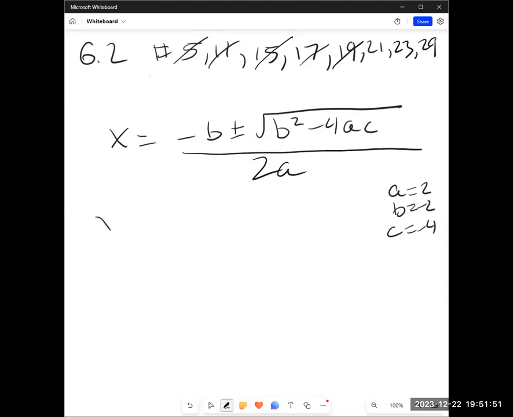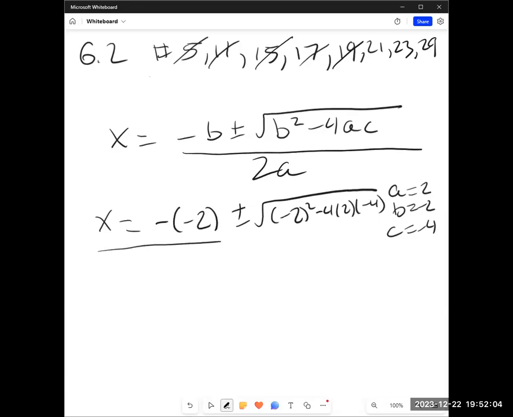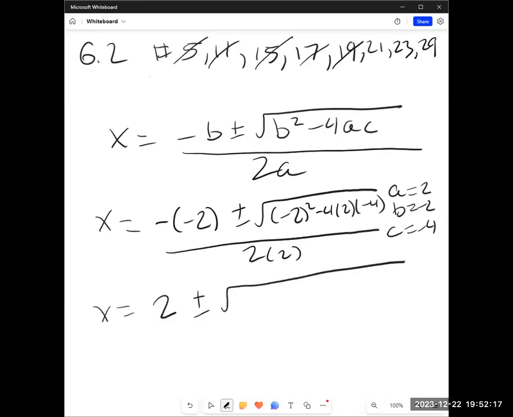Let's just solve it the way that they gave it to us. -(-2) plus or minus the square root of -2 squared minus 4 times 2 times -4, all over 2 times 2. X is equal to the opposite of -2, which is +2, plus or minus the square root of -2 squared, which is 4, minus 4 times 2 is -8, -8 times -4 is +32, over 2 times 2 is 4.